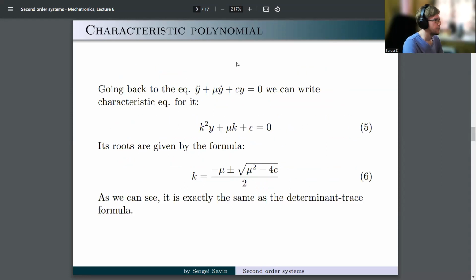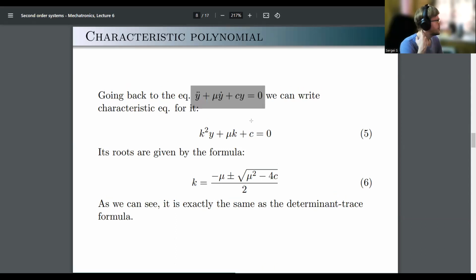Now, let us go back to this equation. We can write a characteristic equation for this ODE. The characteristic equation is basically one of the many tricks that people use in differential equations theory. That is basically replacing y double dot with k squared y.